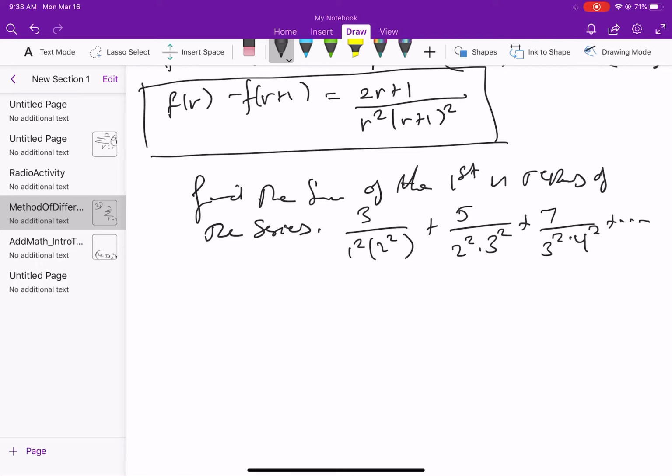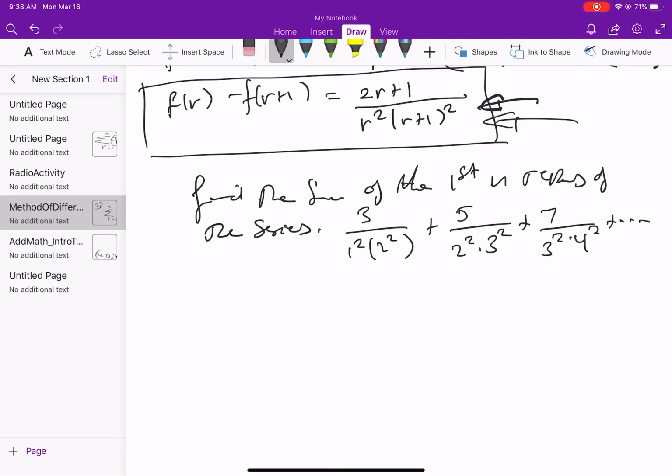Well, if you look at that series and compare it with this expression above here, if you were to plug in r equal 1 into this expression, in the numerator you'll have 3, and in the denominator 1 squared times 2 squared.